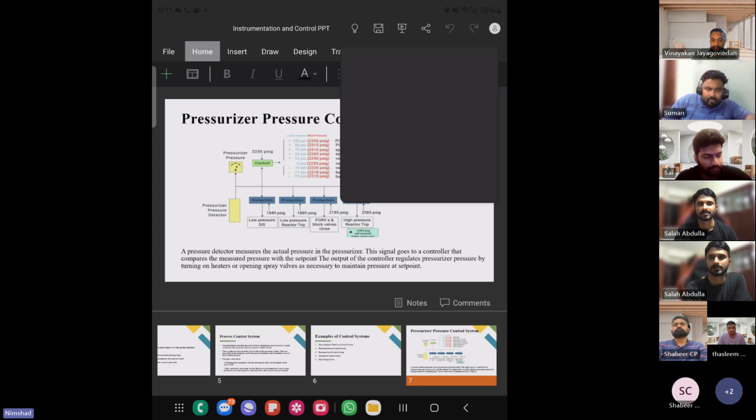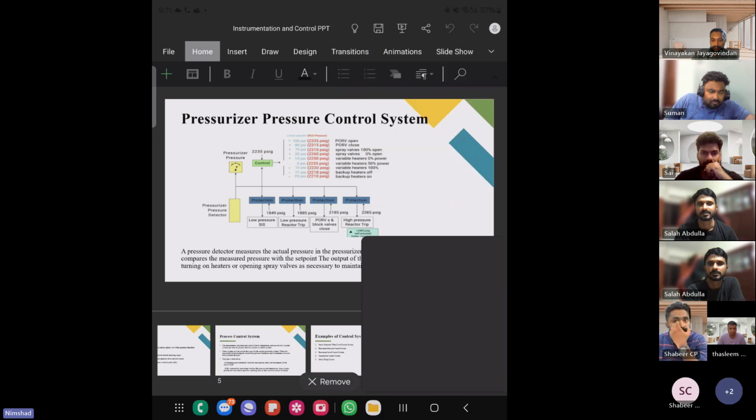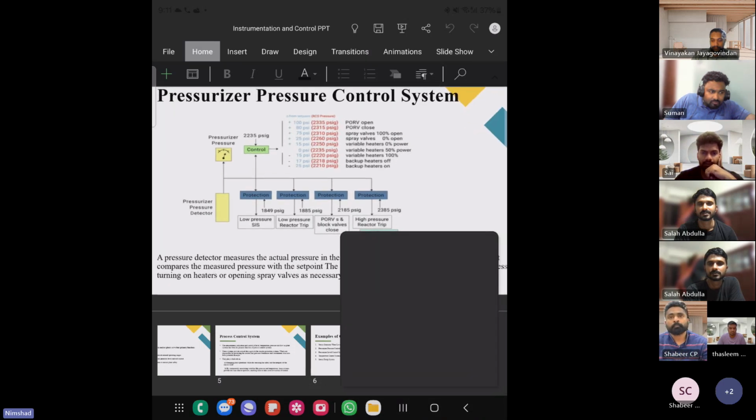Then the output of the controller regulates the pressurizer pressure. How will it regulate? By turning on heaters or opening spray valves as necessary to maintain the required pressure set point. And in this diagram you can see some protection systems, four blue boxes actually.